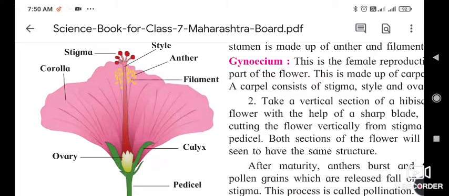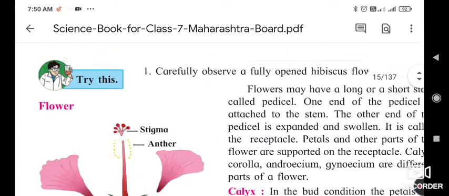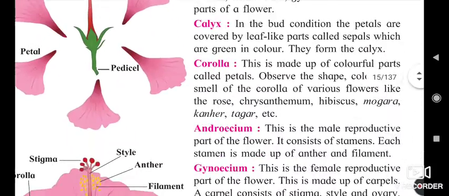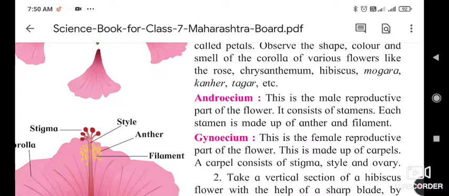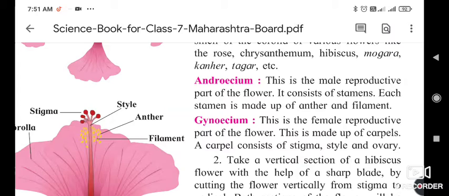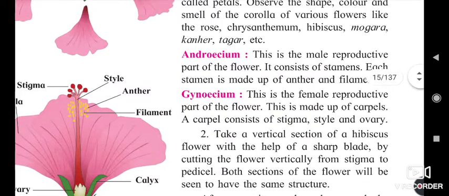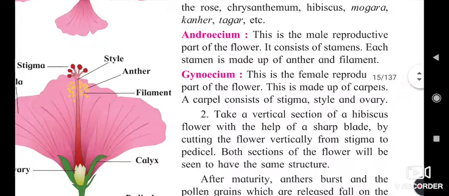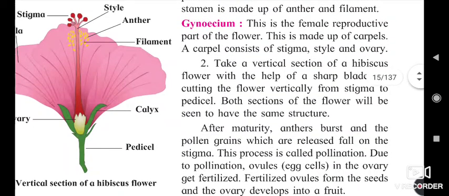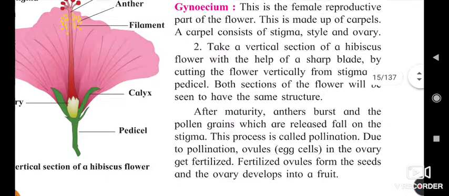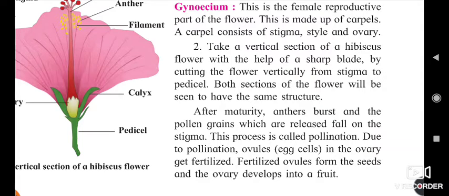When this anther spreads and comes onto this carpel, after the maturity, the anther bursts, and the pollen grains which are released fall on the stigma.